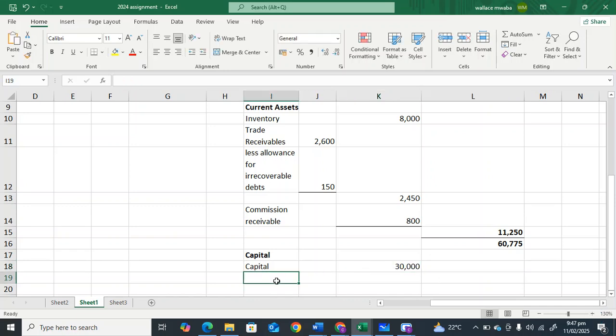Then you say add profit from the statement of profit and loss, the profit that you calculated, which we got as 2,675.